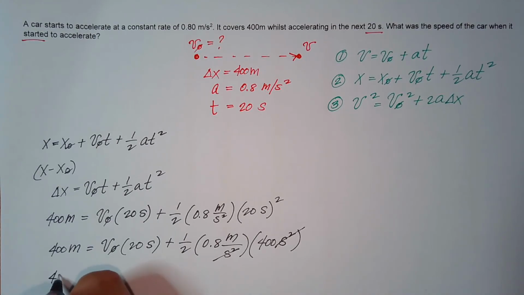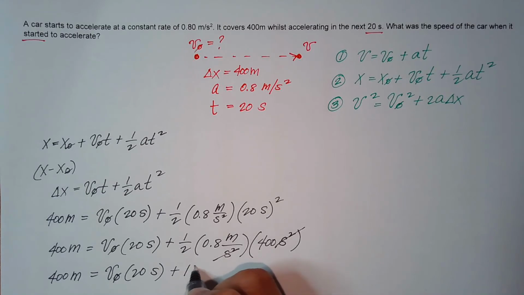If I rewrite this, I get meters equals v naught times 20 seconds, plus 400 times 0.8 divided by 2. So this will give us 160 meters.